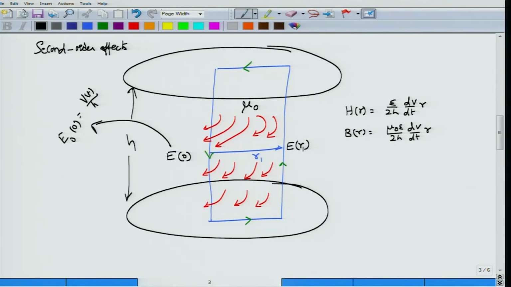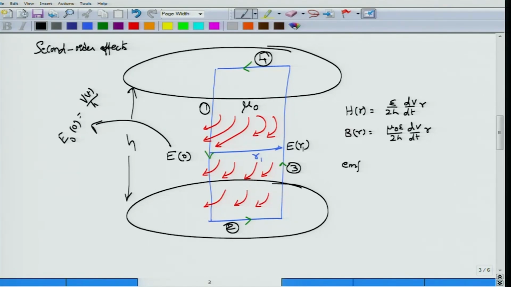So, E of 0 multiplied by h will be the contribution of segment 1. Segments 2 and 4 do not contribute anything to the EMF, because here the electric field is vertical, whereas the loop segments 2 and 4 are horizontal. The contributions from 1 and 3 will be in opposite directions, because one is an integral from top to bottom, the other is an integral from bottom to top.